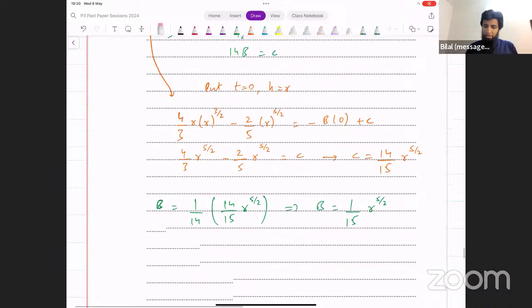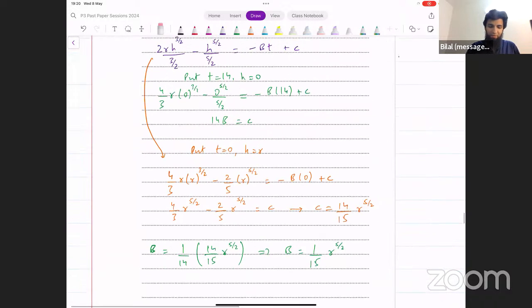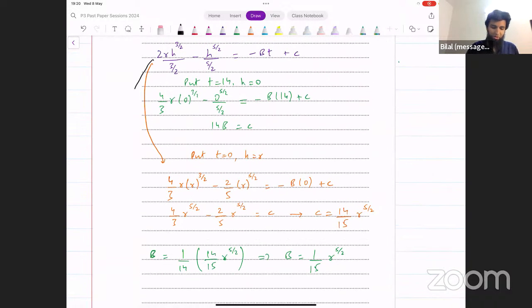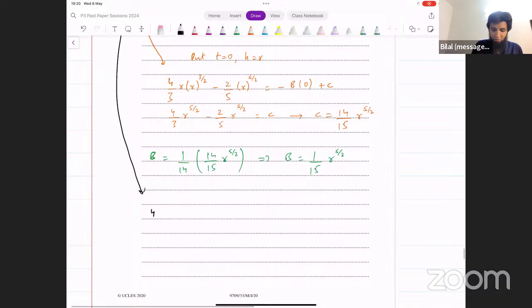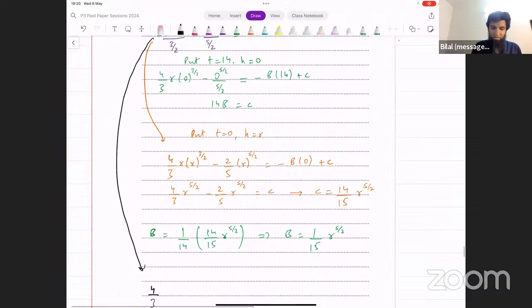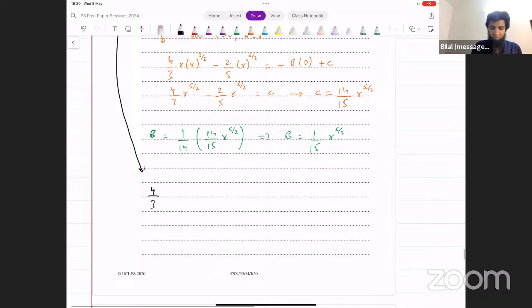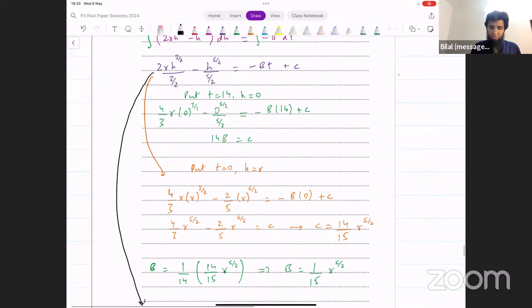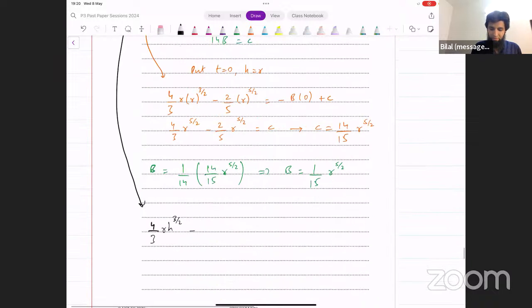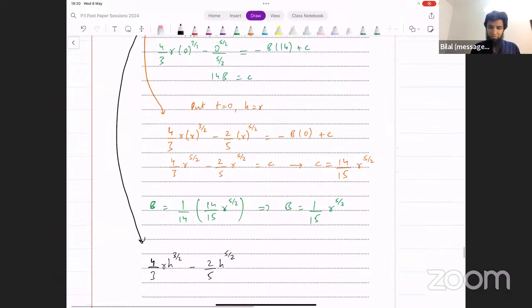Okay. Now we've got c and b. Now put these values back in that original equation and see what that gives us. Again, I'm writing 2 in the numerator. It becomes 4/3 r h raised to power 3/2 minus 2/5 h raised to power 5/2.